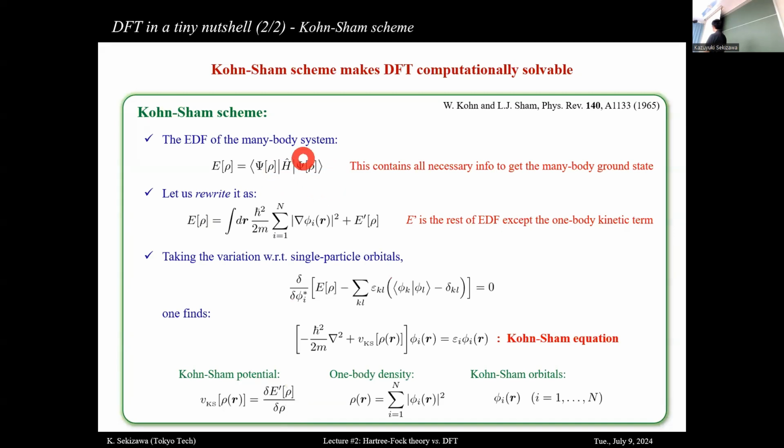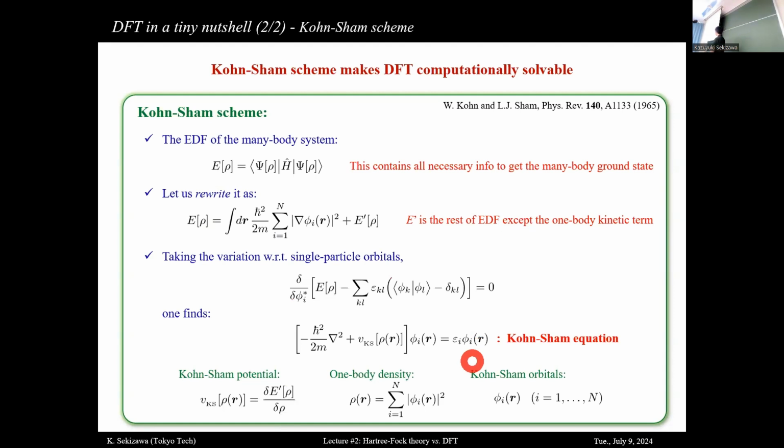So we don't know the shape or exact formula for the energy density functional E and E prime as well. But if you have some functional, you can perform this variation. Then you can get this Kohn-Sham potential, the one-body potential here, and you can perform a self-consistent calculation.